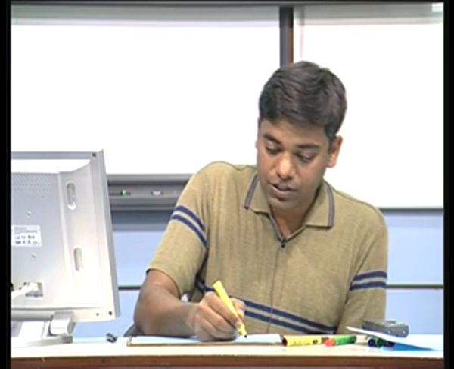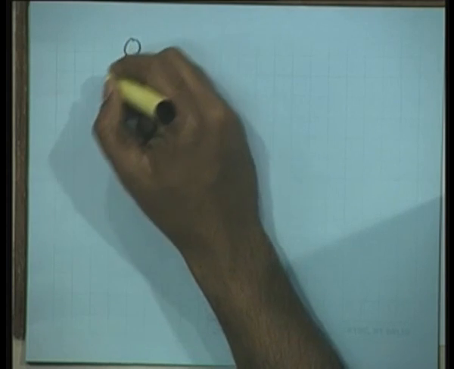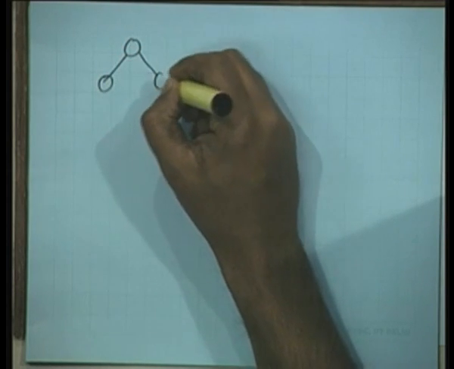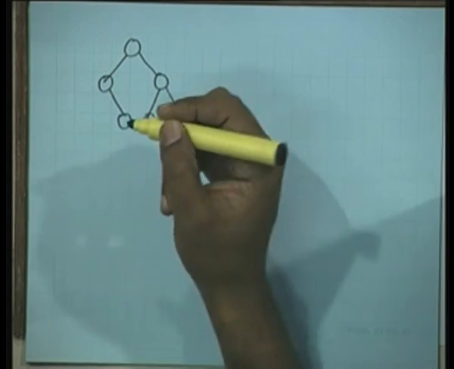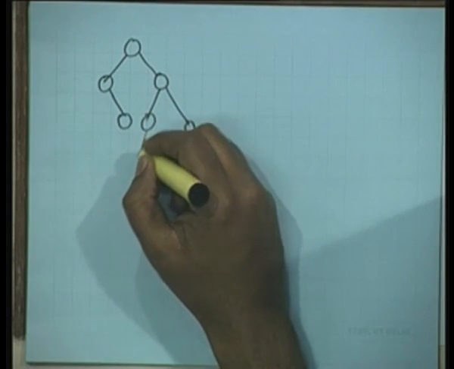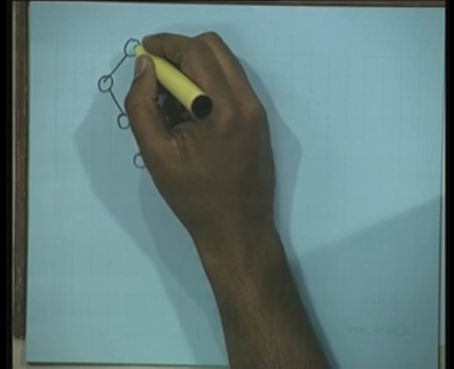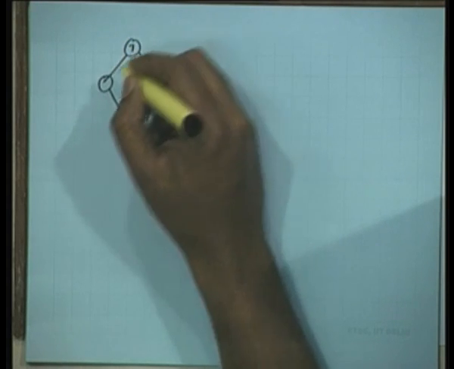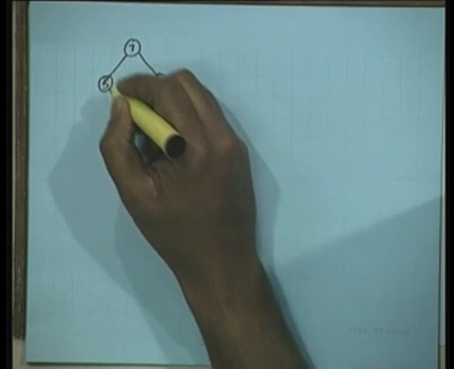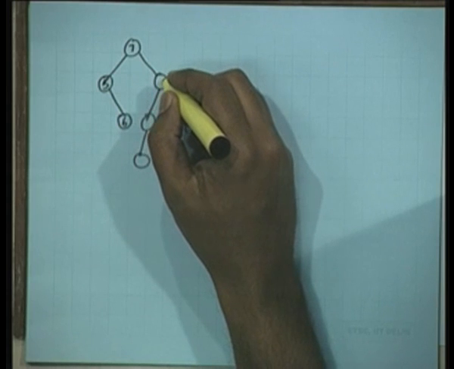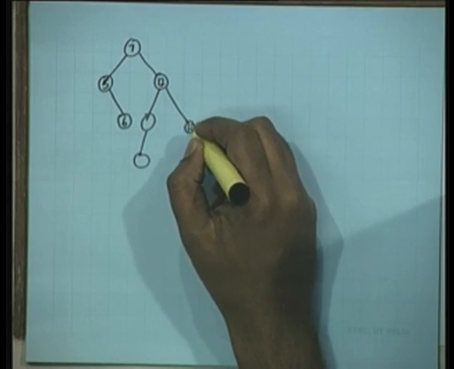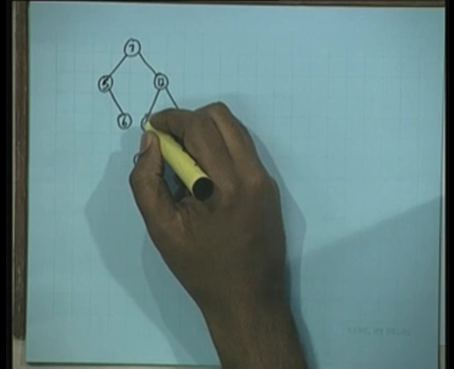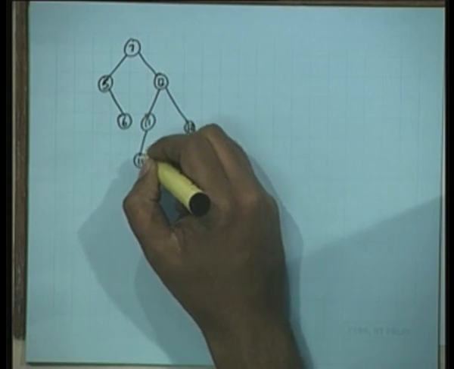Suppose I have a tree which looks like the following. I need to put in some keys so that this looks like a binary search tree. So let's put in 7, 5, 6, 12, 13, 11, 10.